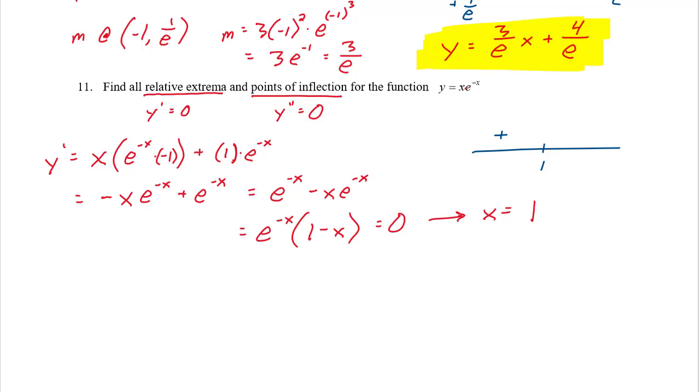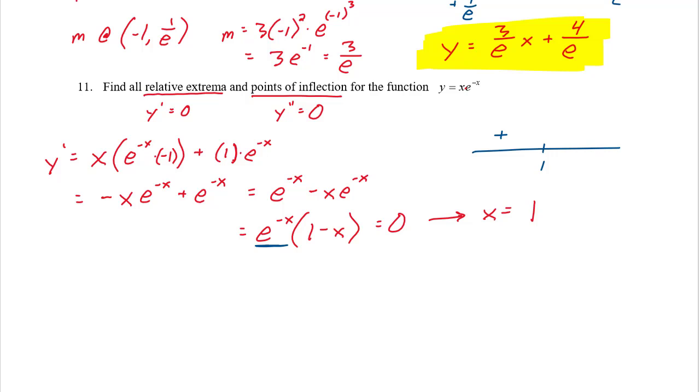If I plug in a number like 10, something greater than 1, 1 take away 10 inside that parenthesis would come back negative, and e to the negative 10 would just be a positive value, so this part that's in front right here is always positive. It really is just coming down to what happens in the parenthesis.